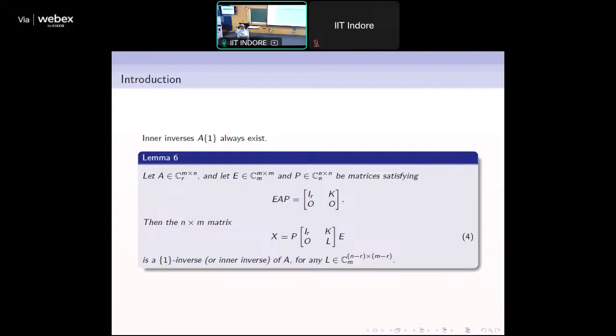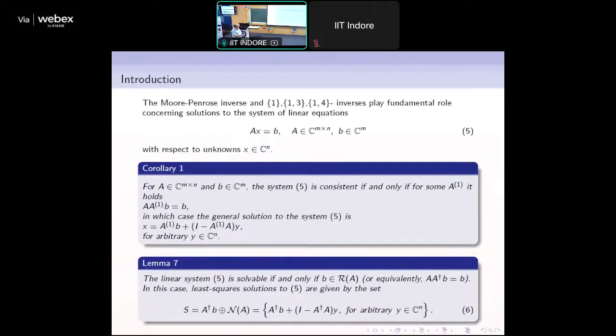Of course, inner inverses are not unique. And here is one arbitrary block which describes different inner inverses.